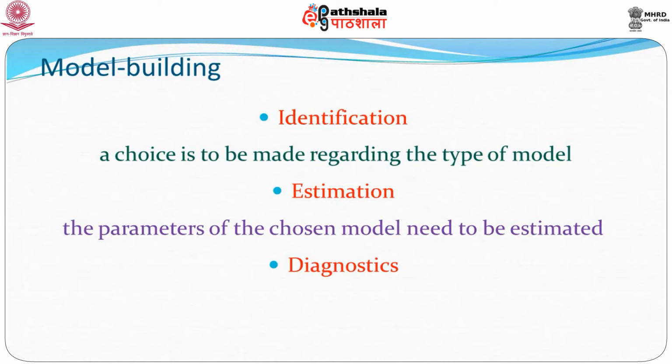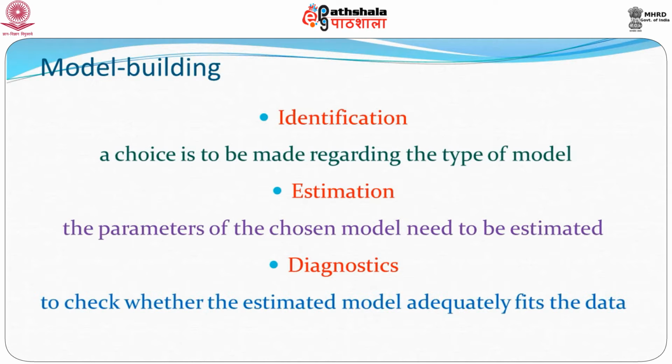The third part is the diagnostics part. Here we check whether the estimated model adequately fits the data or not. So, this is basically a check for the goodness of fit of the model. Very often what happens is that when you actually estimate the parameters and fit the model, you find that the fit does not come out to be very good.